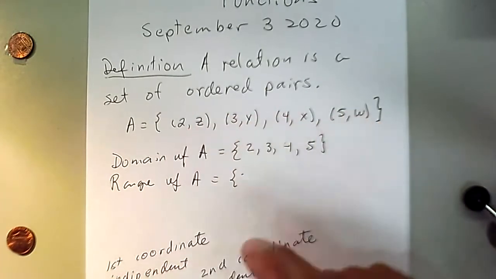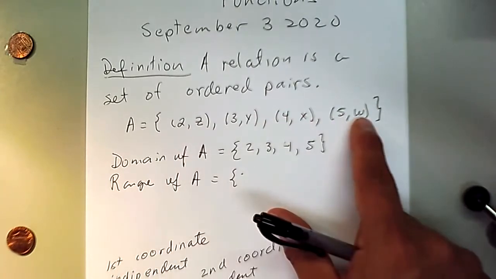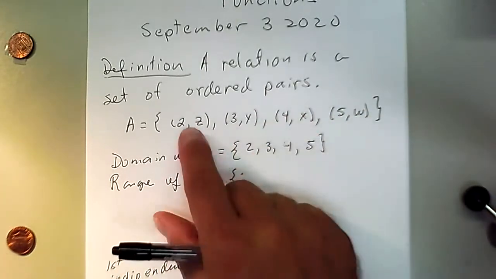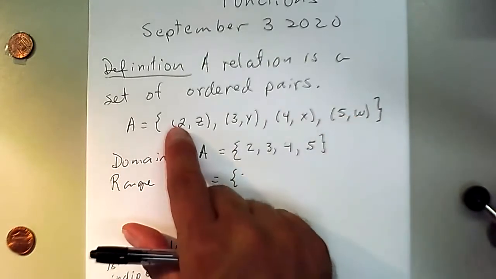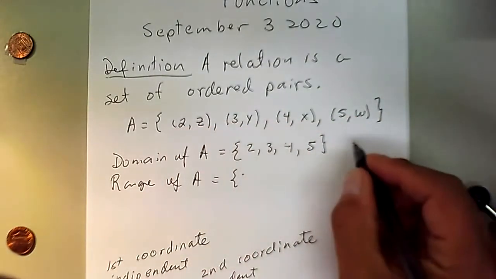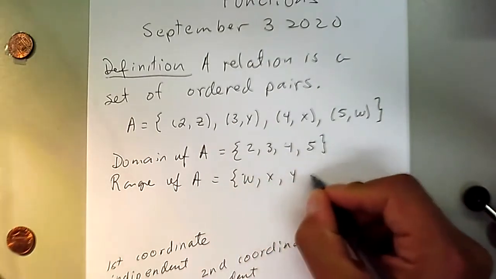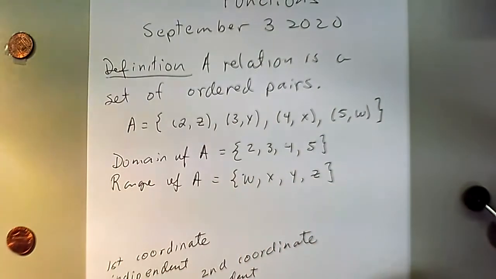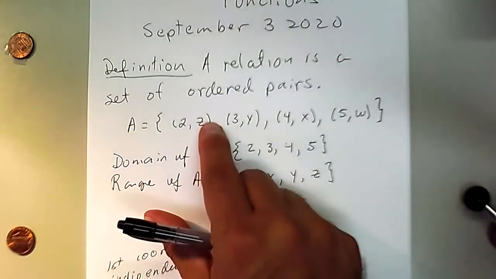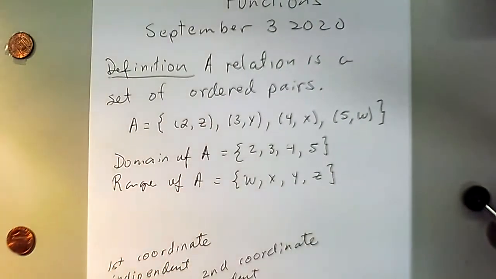It doesn't have to follow the same order as the order on the points. These are also called points. The pairs are called points. So we can start with W, X, Y, Z. Okay, so there is a relation, domain, and range.